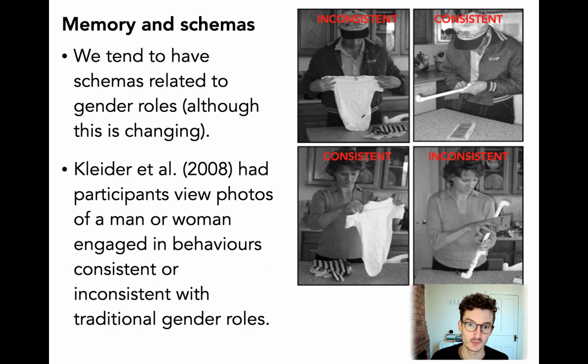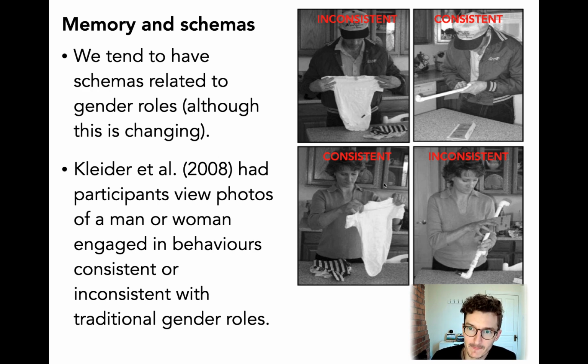So here's an example of this. This is a study from 2008. We tend to have schemas related to gender roles, although this is changing. In this particular study, participants viewed photos of a man or a woman engaging in behaviors consistent or inconsistent with traditional gender roles.